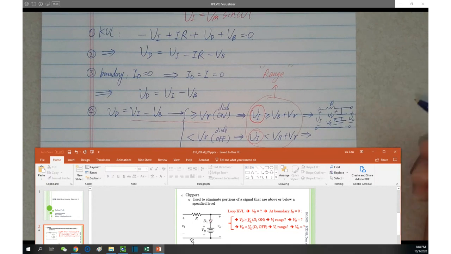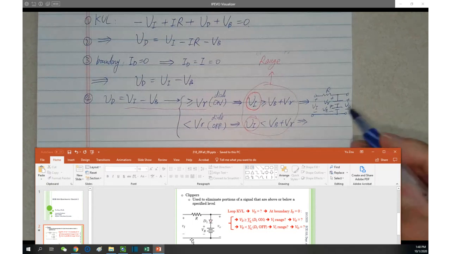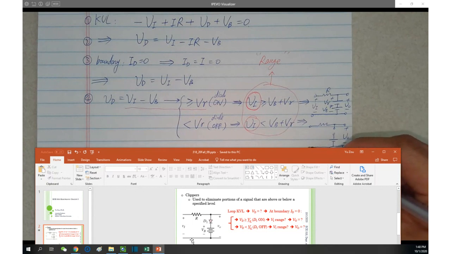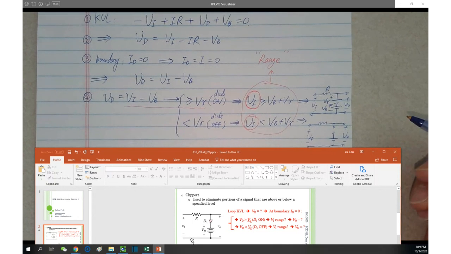This is when the diode is on. Next, when the diode is off, what is the circuit? Open circuit. Diode off means open circuit.